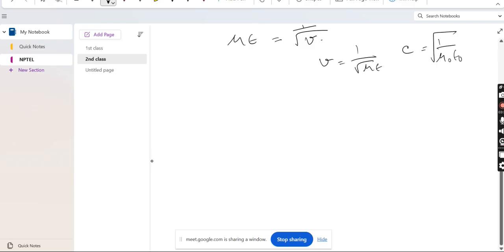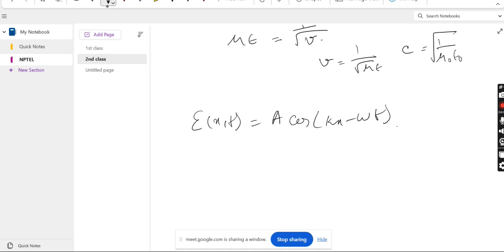Then we know that the electric field can be written as an exponential. First we can write this as A cos(kx minus omega t).